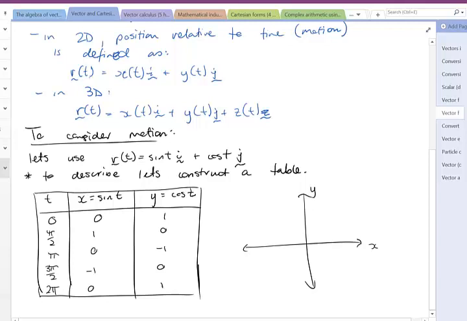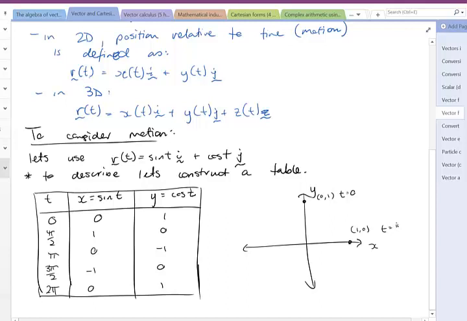When we consider those positions at specific times, when t is equal to 0, we get the coordinate (0, 1). When t is equal to pi on 2, we get the coordinate (1, 0).